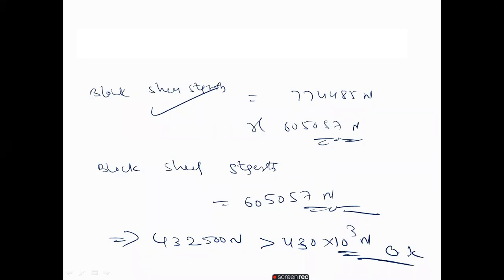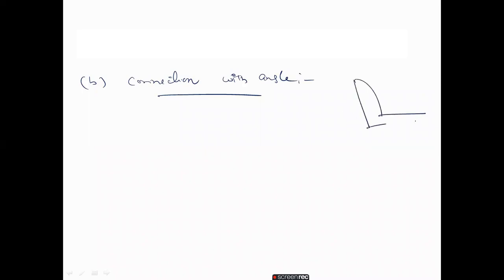In the same way, we have to calculate the connection with angle. This is also a most important thing. Suppose I take the angle here: this is the connected angle and this is the outstanding angle.